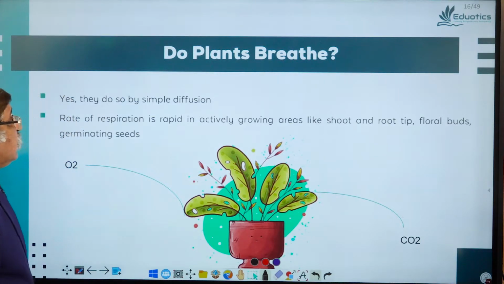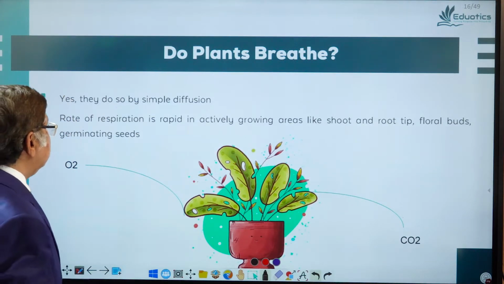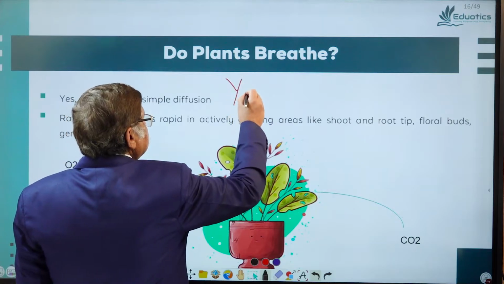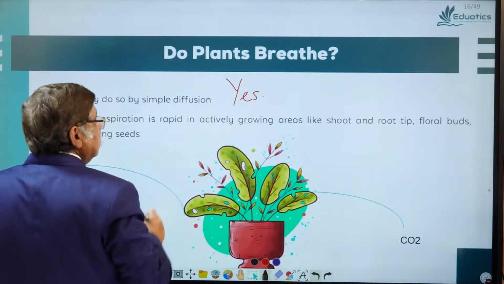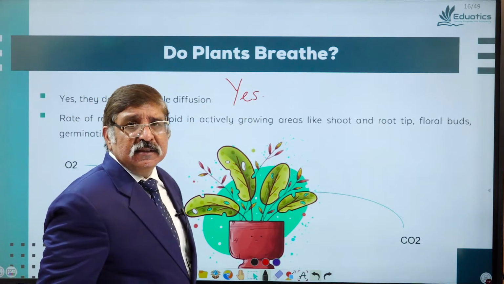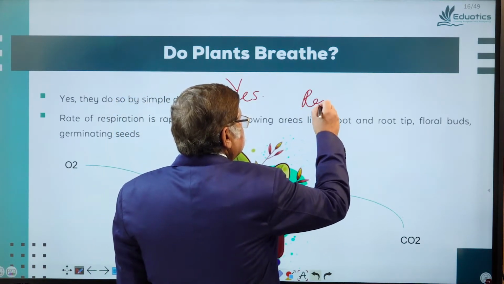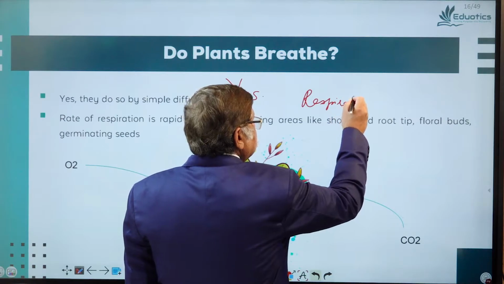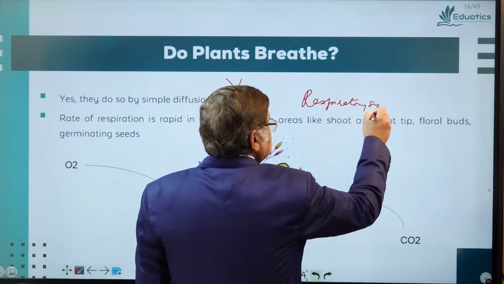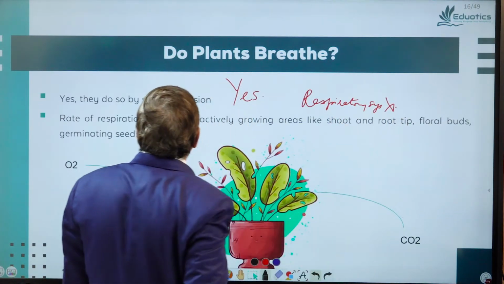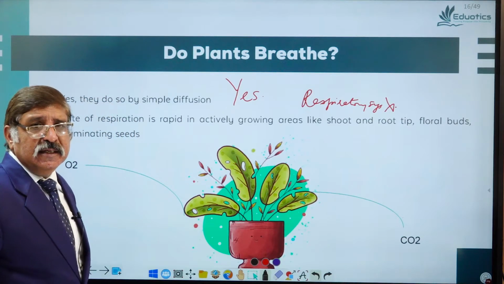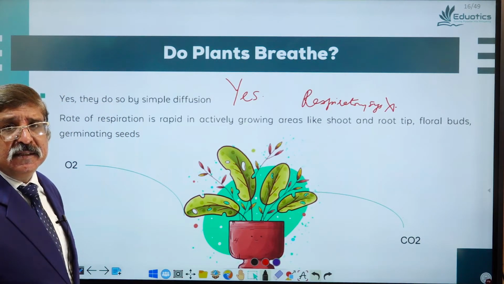Now, the question is, do plants breathe? Yes. Do plants have any respiratory system? No. Now, which is the main phenomenon by which they are breathing?